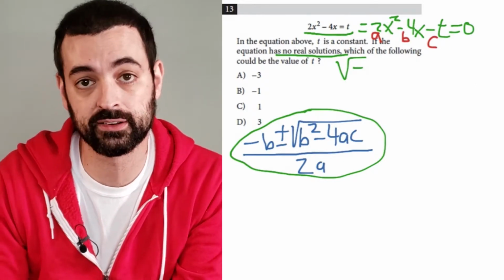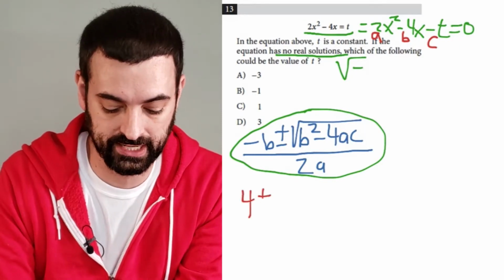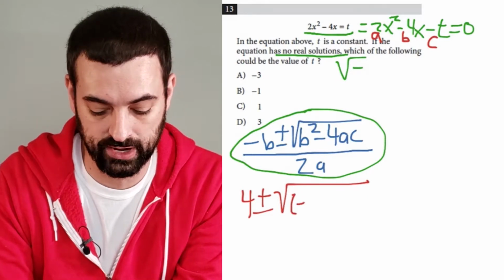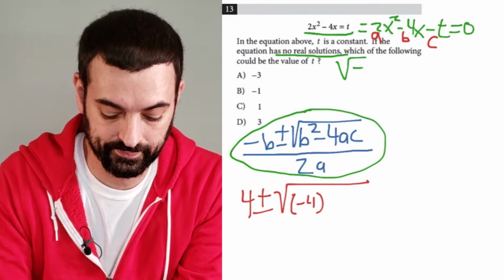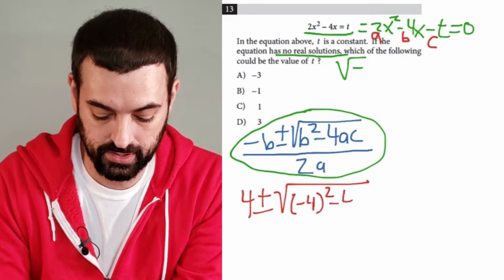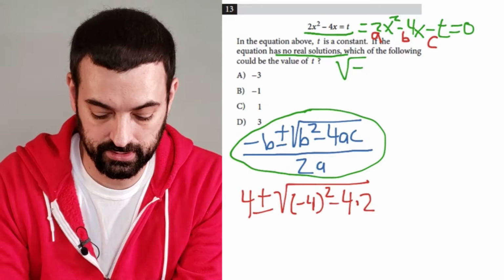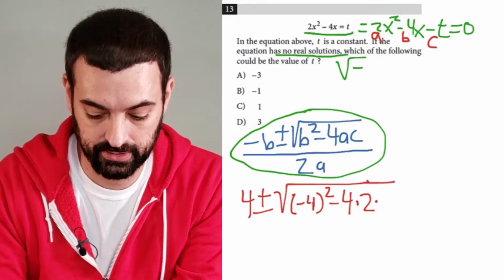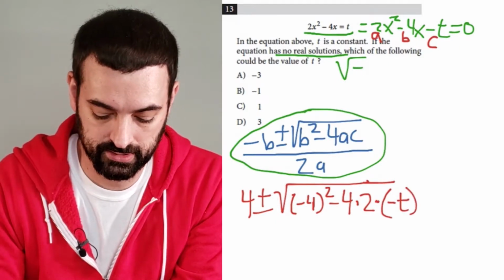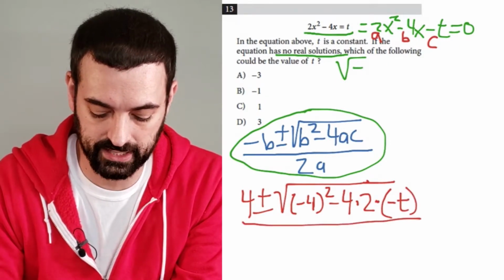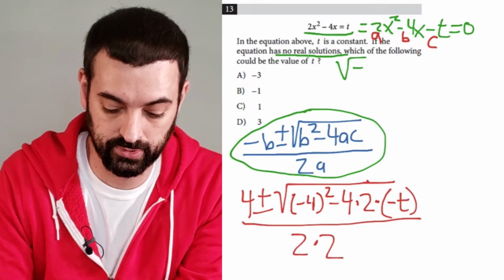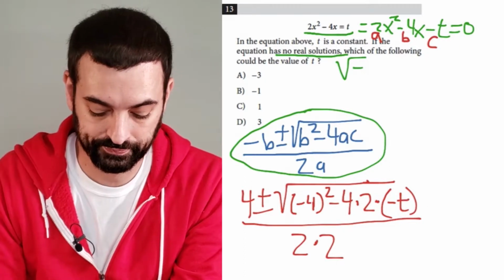I'm going to put all of these into the quadratic formula, and I'm going to get 4 plus or minus the square root of negative 4 squared minus 4 times 2, which is my a term, times negative t, all over 2 times 2.